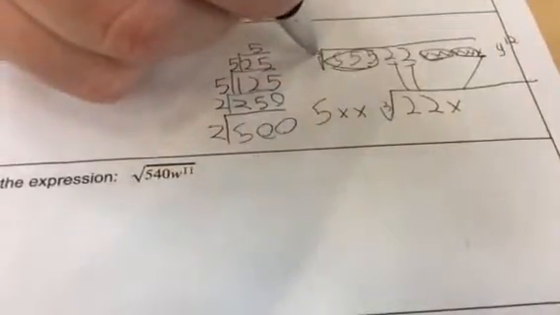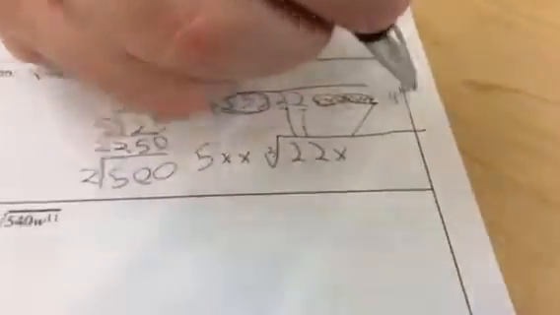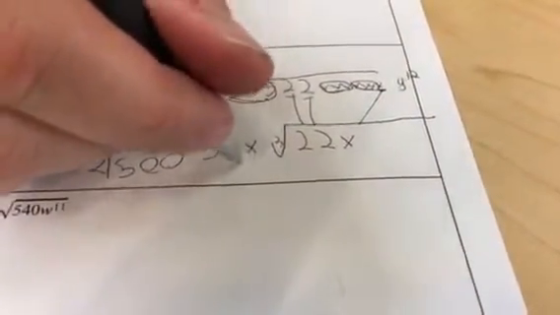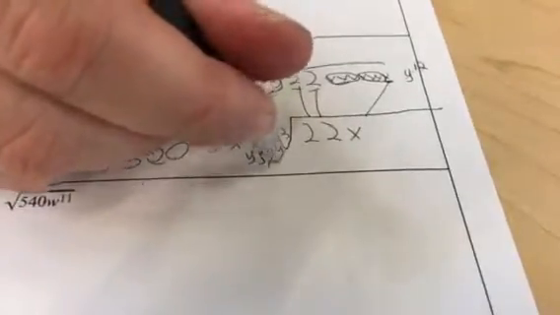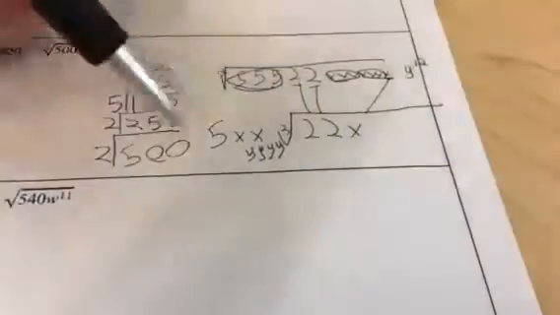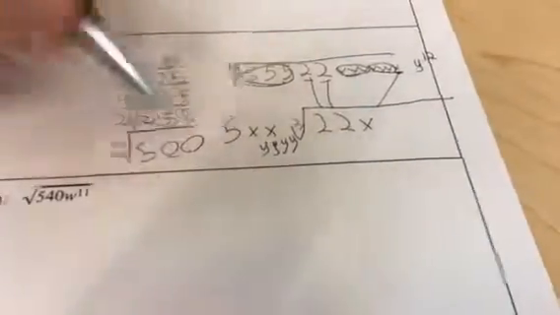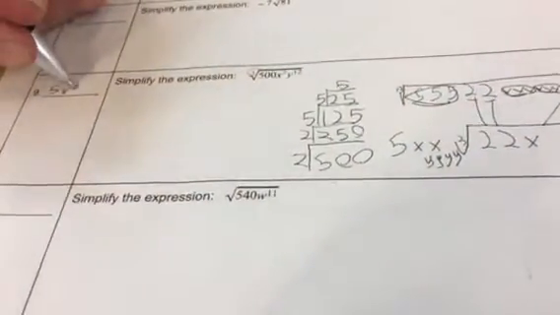Underneath, the y to the 12th. If I'm thinking about this, groups of 3, I'm going to have 4 groups of 3 out of this y. So that's going to be 4 y's out here. 1, 2, 3, 4. Everything that's outside, I got to multiply together. So 5 is just 5. X times x gives me x squared.